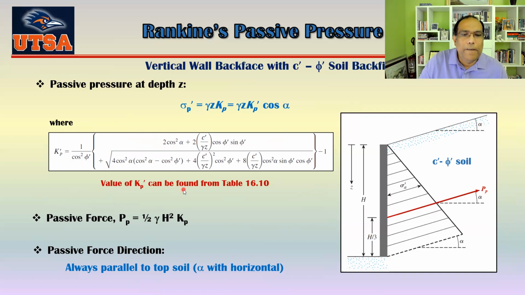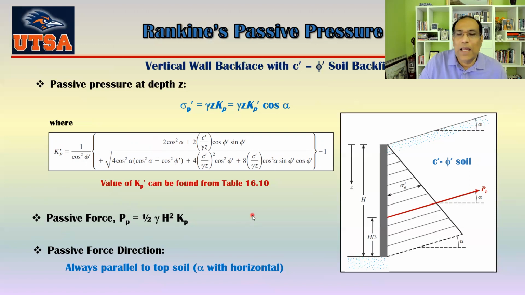Very similar, only you will see that between the active case and the passive case, the signs have changed. You can find this value from table 16.10, or you can use this equation directly to find your passive pressure coefficient. This one is also included in your spreadsheet, so if you change some of the values there, you can get your Kp prime directly from there too.